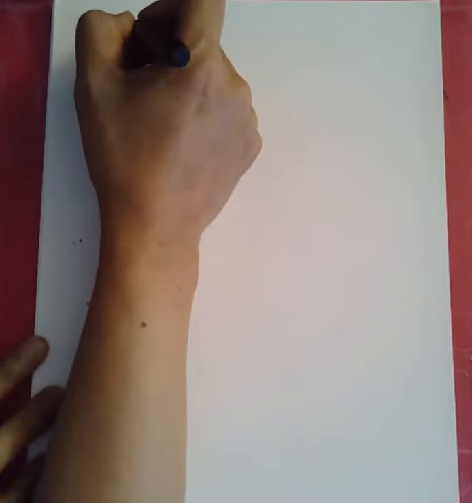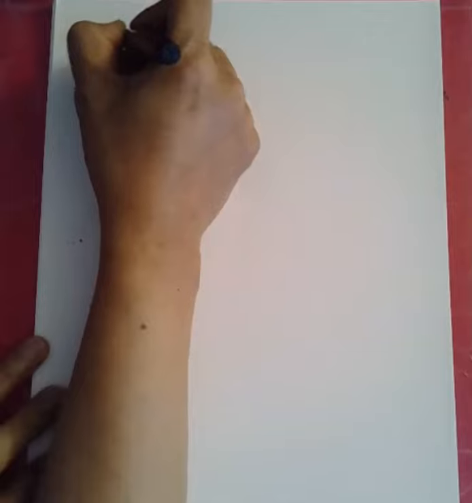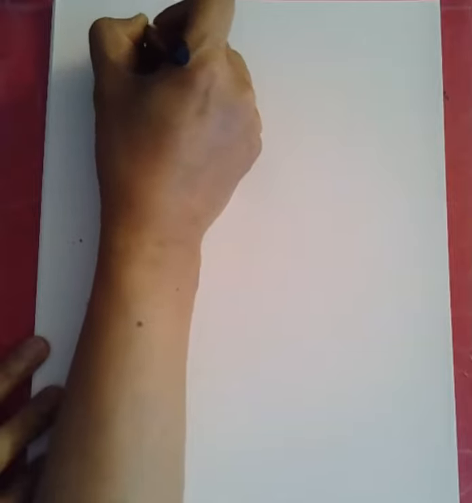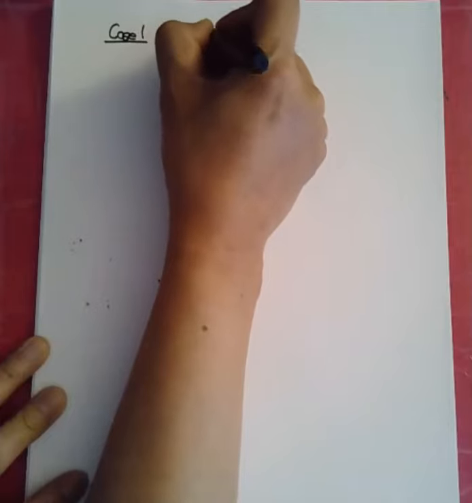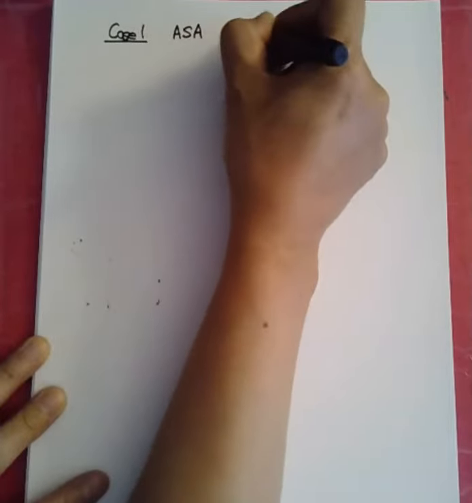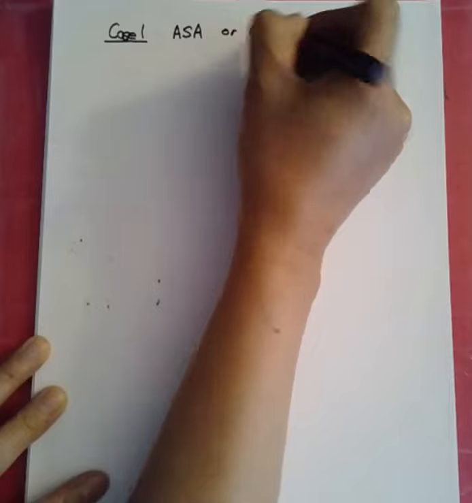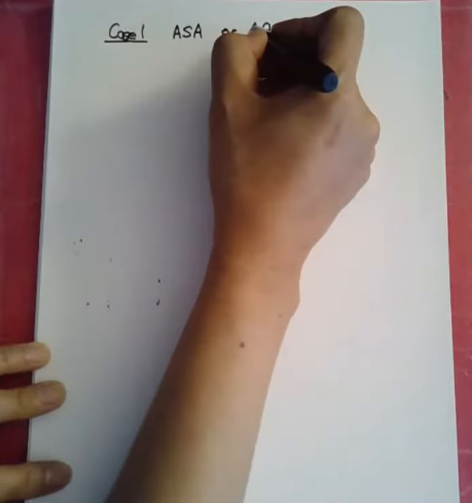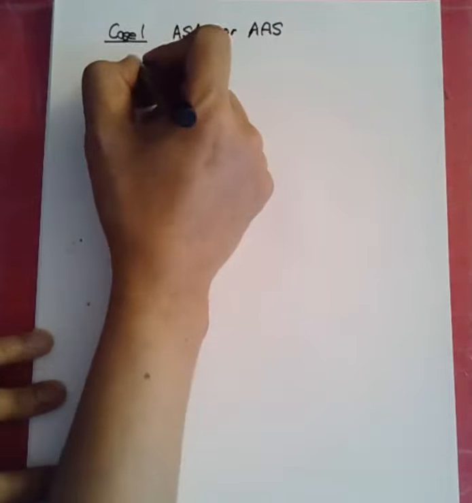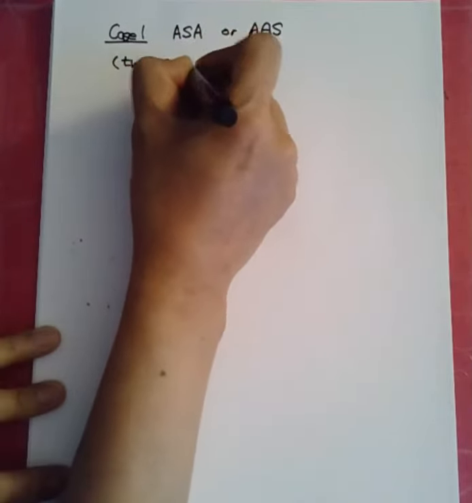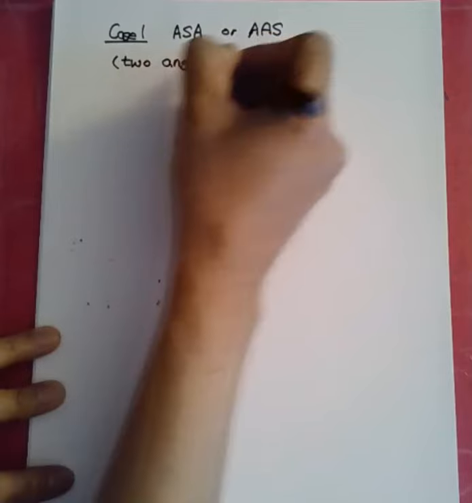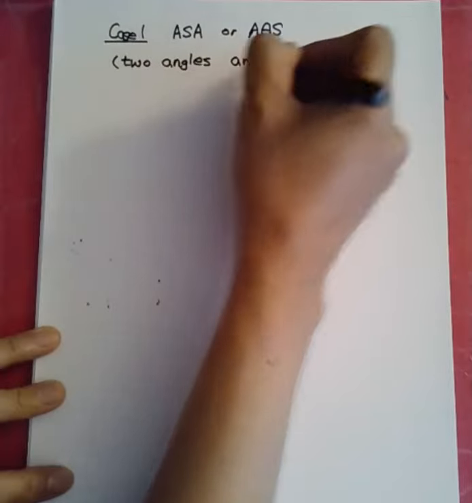There are two cases we use the law of sines. The first case is angle side angle or angle angle side case. In this case, we know two angles and one side length.